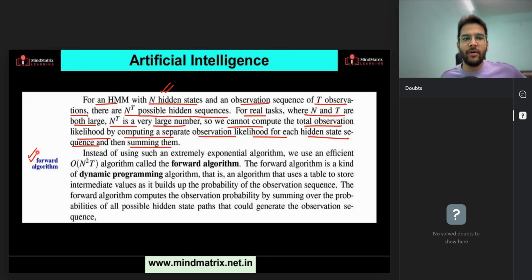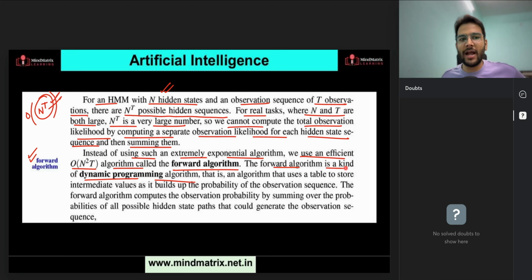So we use the forward algorithm in that case, which uses the dynamic programming paradigm. Instead of an extremely exponential algorithm taking n raised to the power t multiplications, we use an efficient order of n squared t algorithm, which is polynomial, called the forward algorithm.